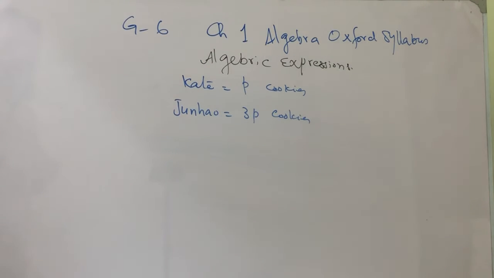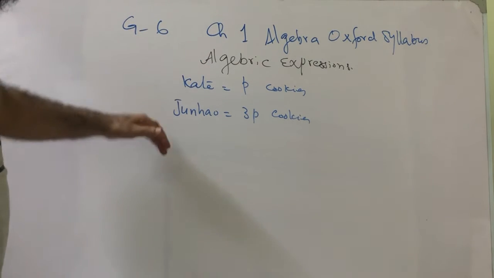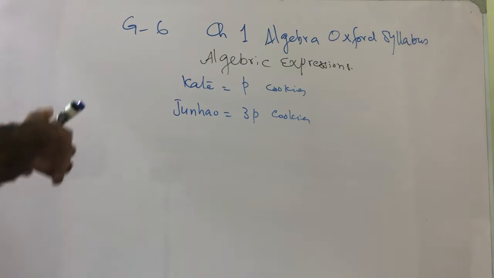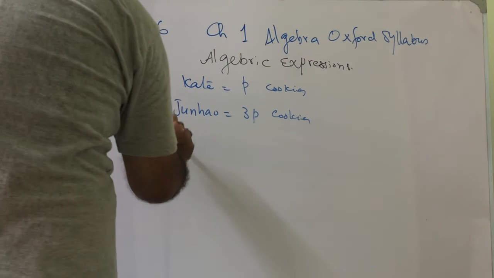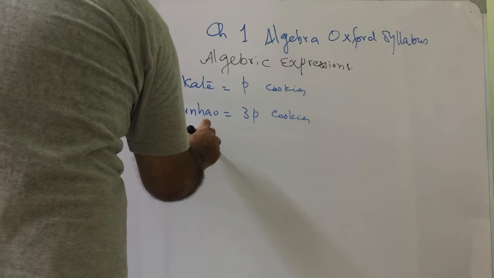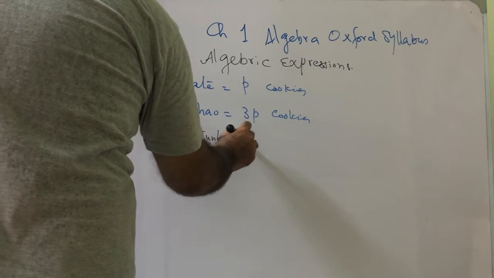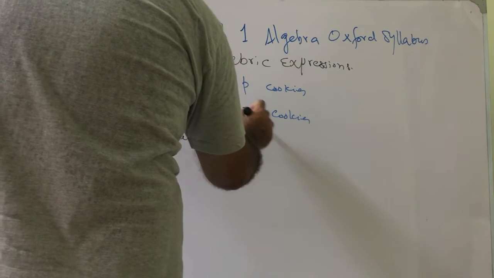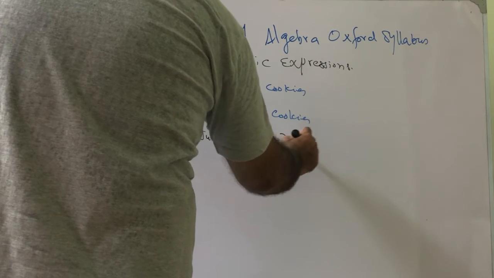Both. How many? If Kate has p, Junhao has 3p. Altogether means total. So we will just add Kate plus Junhao. So this is p, we will add plus 3p to it. Okay.